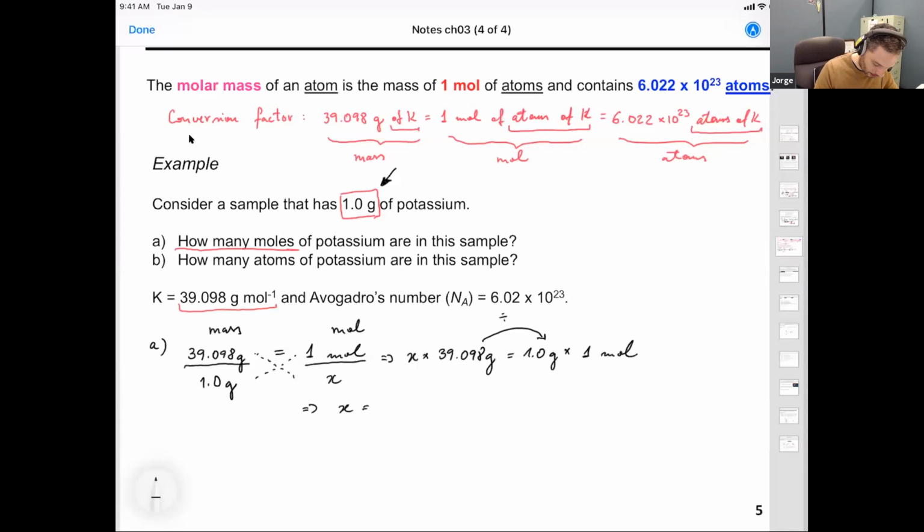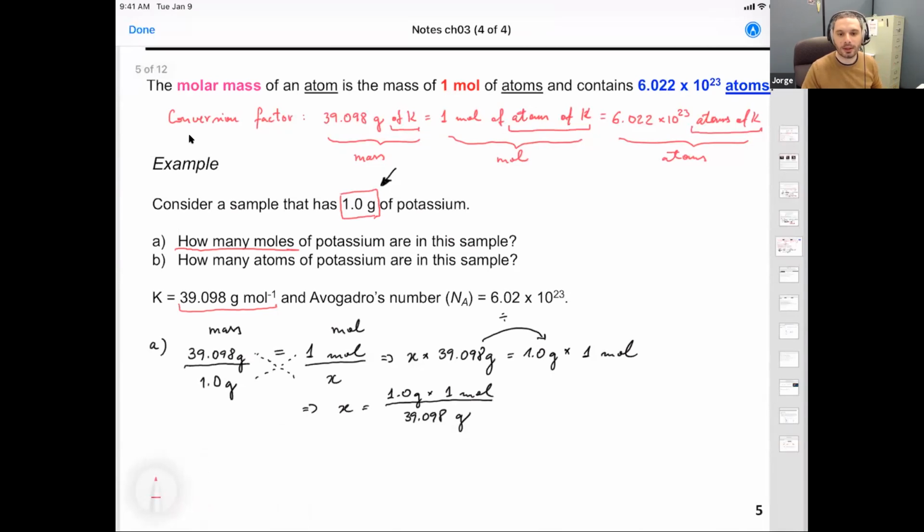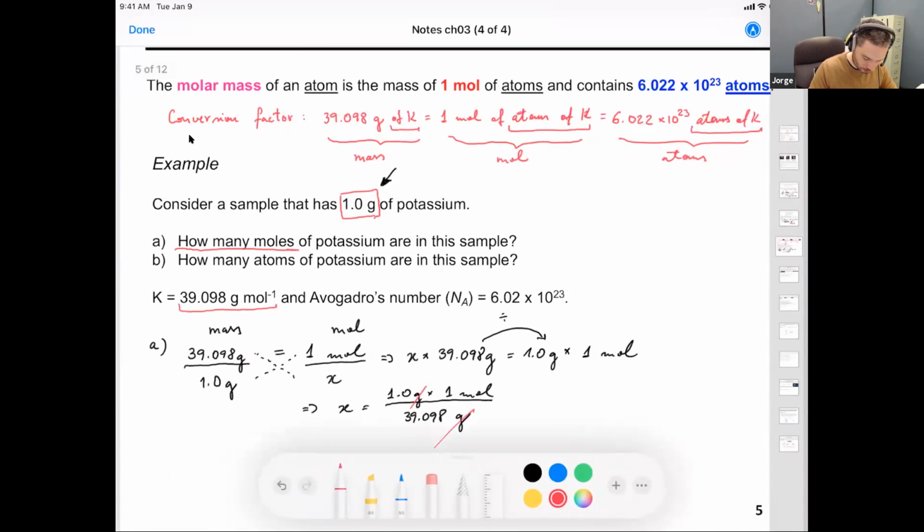We will end up with 1 gram times 1 mole divided by 39.098 grams. Let's see what we can cancel unit-wise here. Grams on top and grams on bottom. That goes away.